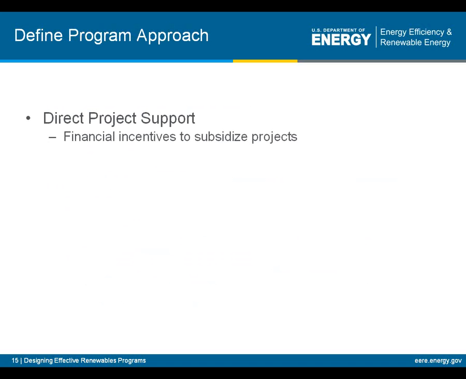So once you have identified your objectives and the context, you want to think about exactly what general approach you want your program to take. Some very common approaches include direct project support, which is direct financial incentives to project owners to help them pay for projects.